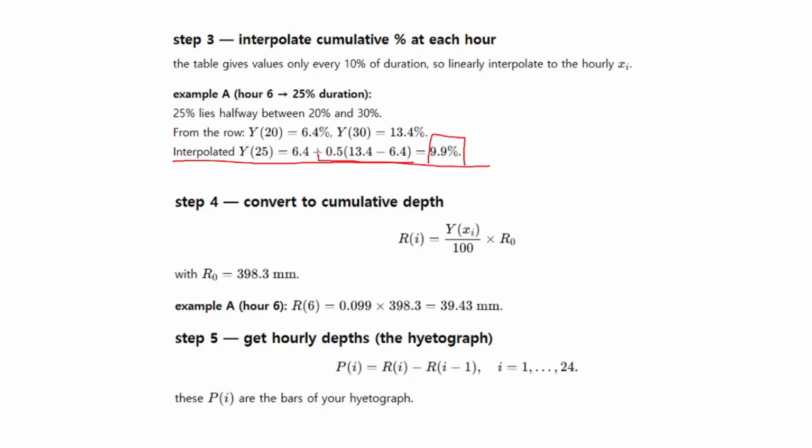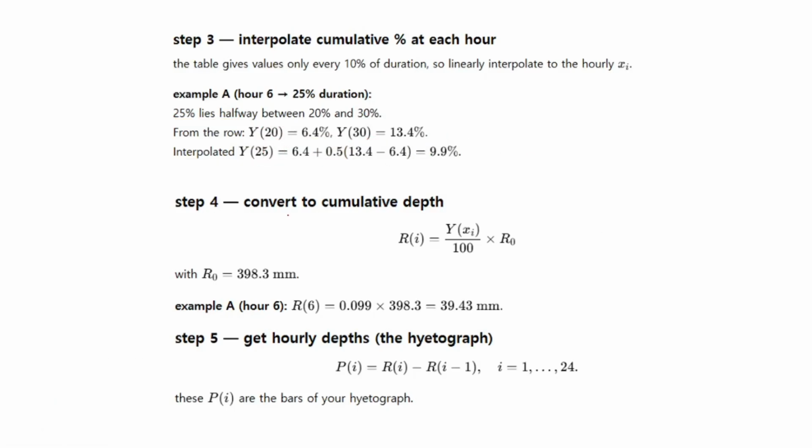So you're basically trying to get the ratio by 13.4 minus 6.4, and since 25% lies halfway, it is multiplied by 0.5, and then 6.4 is added because 25 is after 20, so 6.4 plus all of this gives 9.9%. Okay.